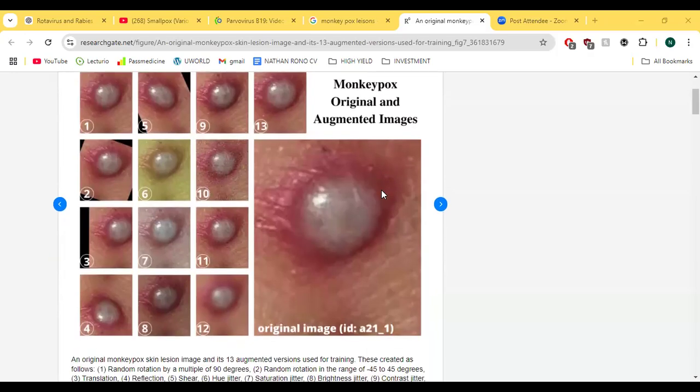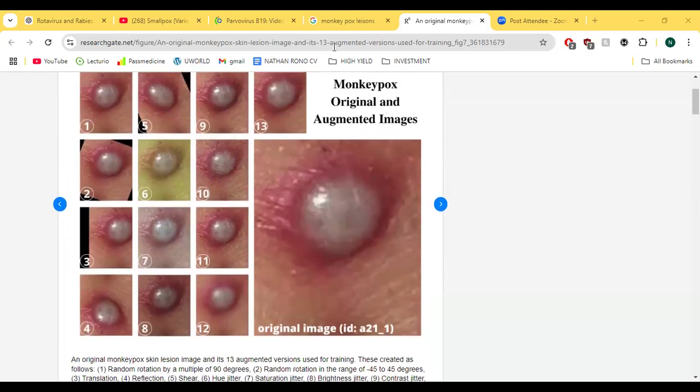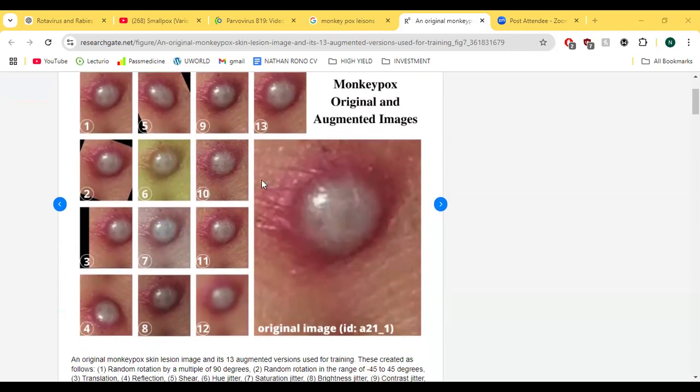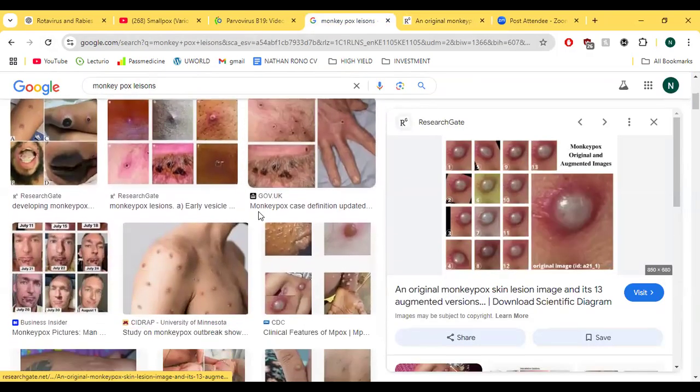Can you see my screen? Can you see this? Yes. So these are the lesions of monkeypox. Very characteristic. So in case they bring this image on the exam, you're going to know that these are the monkeypox ones.